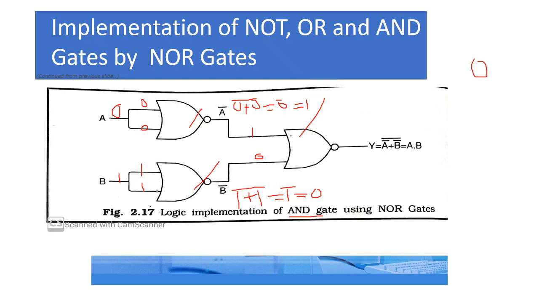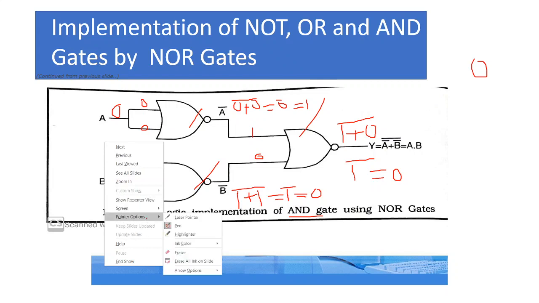So when we apply 1 and 0 to this third NOR gate, the output is (1 plus 0) complement, and the result is 1 complement, and the complement of 1 is 0. So when A is equal to 0, B is equal to 1, the output is 0, which is the output of the AND gate. Similarly, now let us see with other inputs.